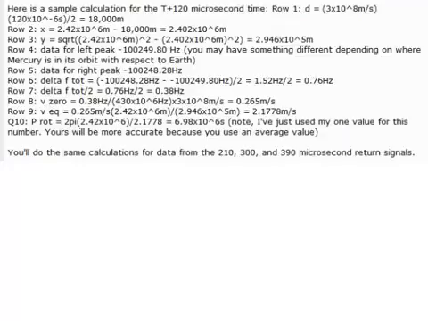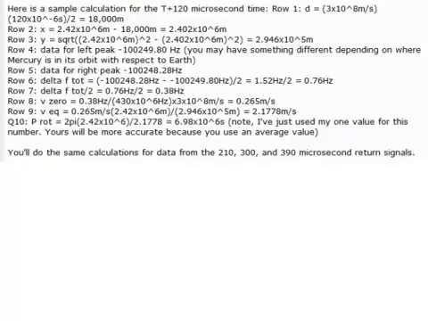That's how you calculate the rotational period, and you get an answer in seconds. I've done this sample calculation just for one time slice, the 120 microsecond time slice.